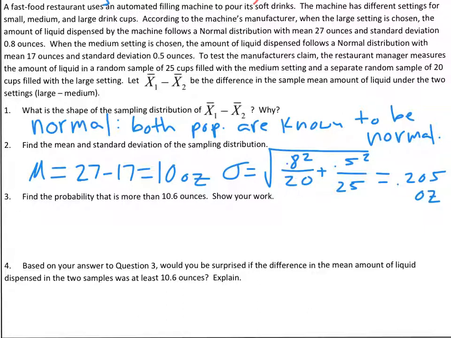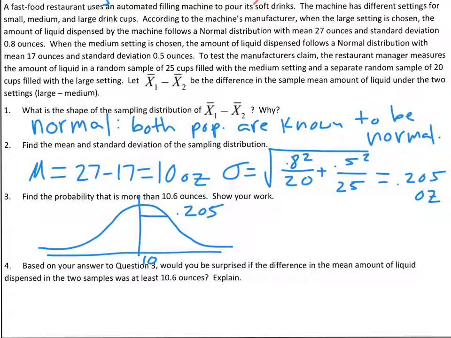Find the probability that the difference is more than 10.6 ounces. There's our normal curve, centered at 10. The standard deviation of 0.205. 10.6 would be like right here.